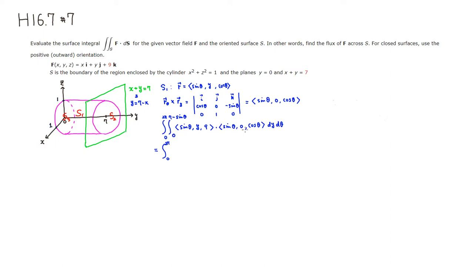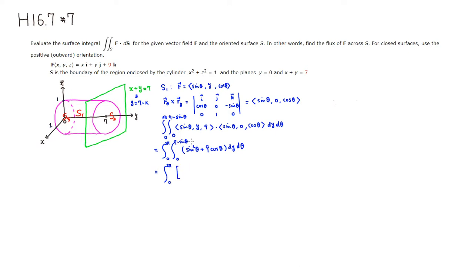We have to do the dot product first, so it's going to be sine squared of theta plus 0 plus 9 cosine of theta, then we integrate with respect to y, and then we have a d theta. If you take the antiderivative with respect to y, we get this, going from 0 to 2 pi.